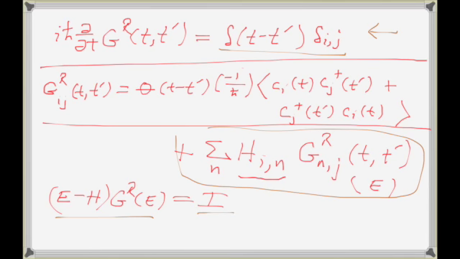It's just because I had that unit step function that I get this inhomogeneous term on the right-hand side, which is the identity. So again, we get back our usual equation of motion for the retarded Green function. It looks like an impulse response. So all our equations of motion still hold using our new definitions.